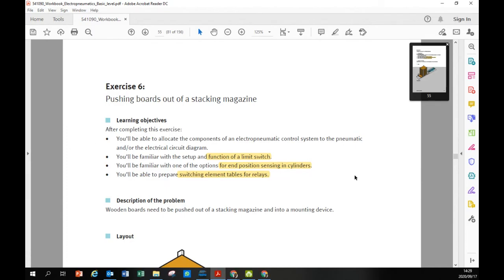We need to appreciate the function of a limit switch, the sensing of positions, and switching element tables for relays. So they want you to appreciate the tables for relays.